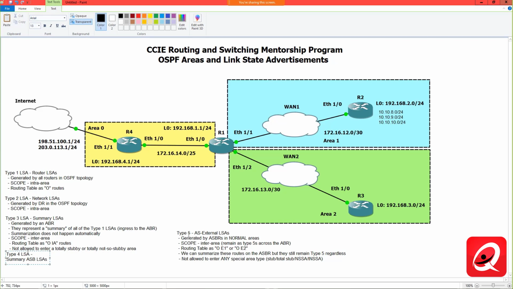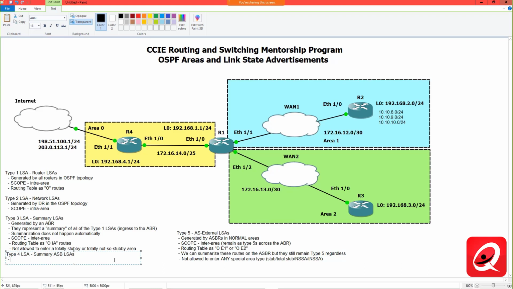All right. So first things first, these are considered to be inter-area LSAs, much for the same reason that a Type 3 would be considered an inter-area LSA, because the LSA represents another LSA that's generated by an ASBR.